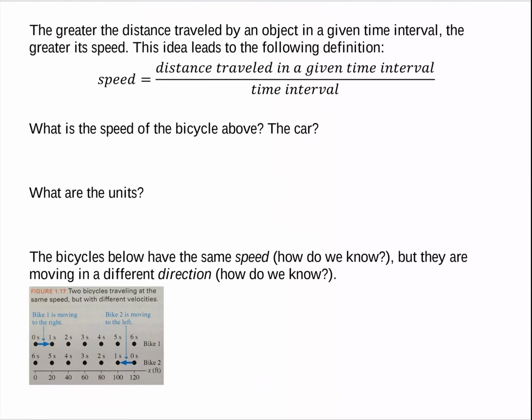Yesterday we were talking about how far did you go, which had a symbol. What was the symbol that we used? Delta X. And the time interval had a symbol also.